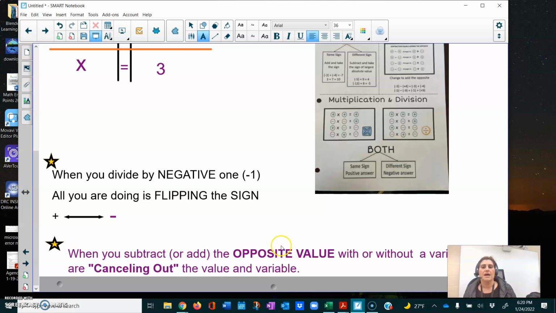As I've been saying while working out the problem, when you subtract or add the opposite value of anything, either with or without a variable, you're canceling it out. It cancels it out. Keep that in mind.